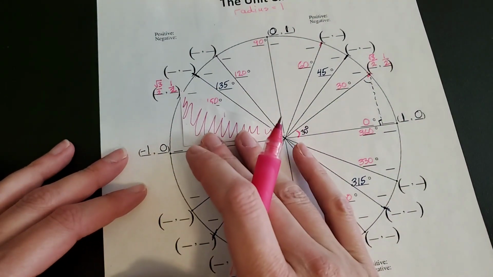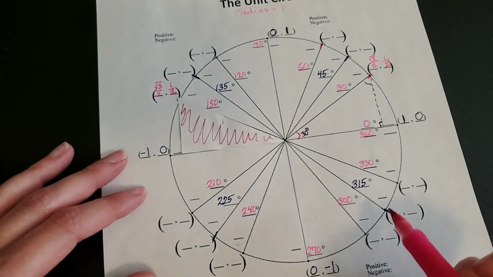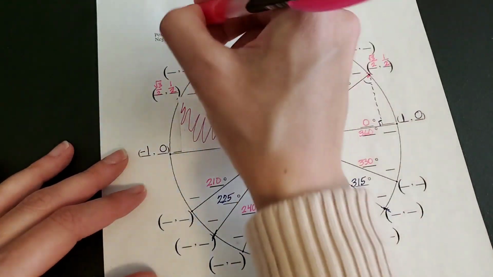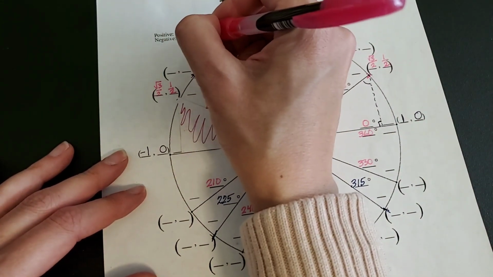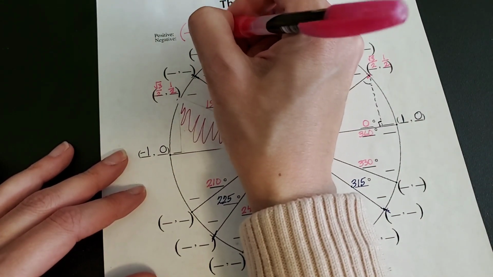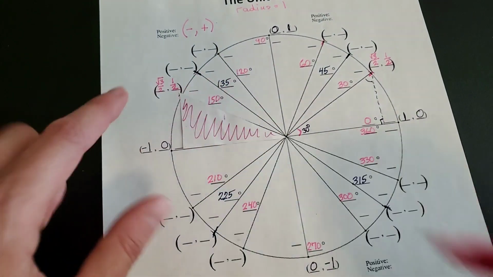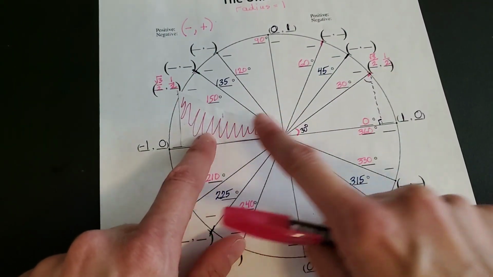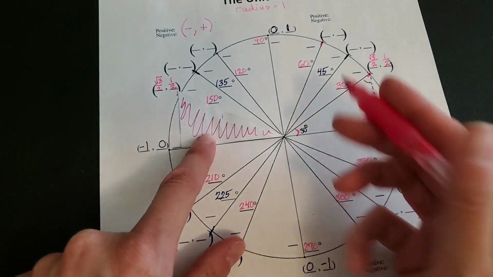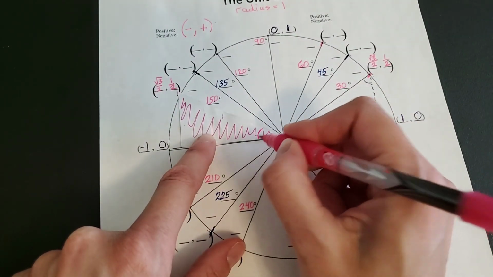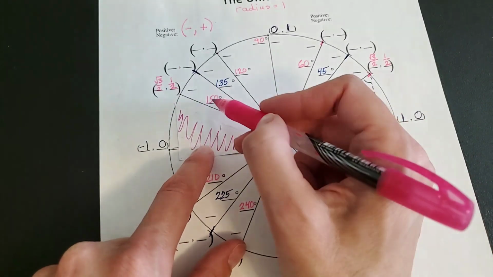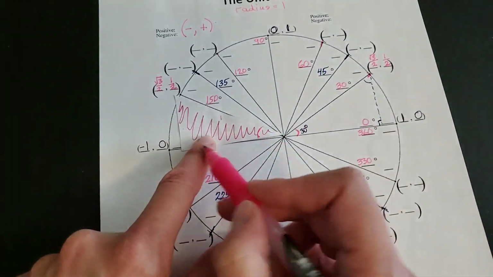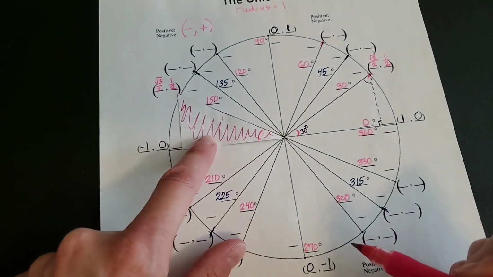But now note that we're in the second quadrant. Well, every ordered pair in the second quadrant, the x-coordinate is negative and the y-coordinate is positive. So I've got the same ordered pair here because I was using the same triangle, because this is a 30-degree angle and 30 degrees is the reference angle, the angle to the horizontal for 150 degrees.